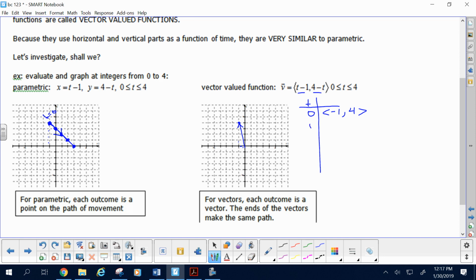My vector I get when I put in time 1 is <0, 3>. So vector 2 is that. When I put in time 2, I get a vector of <1, 2>. That. When I put in time 3, I get a vector of <2, 1>. And at time 4, 0, I lost my place. What am I doing? 3?